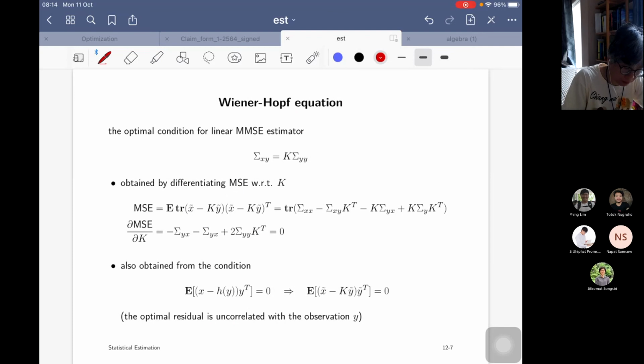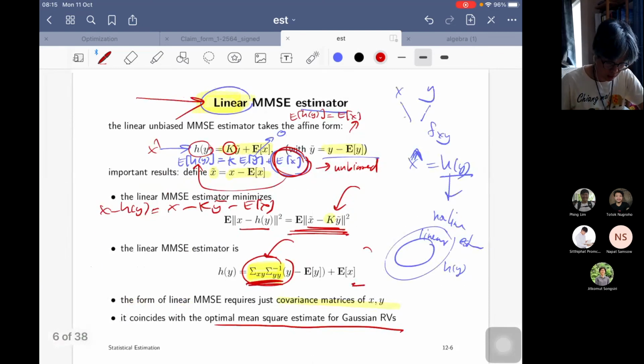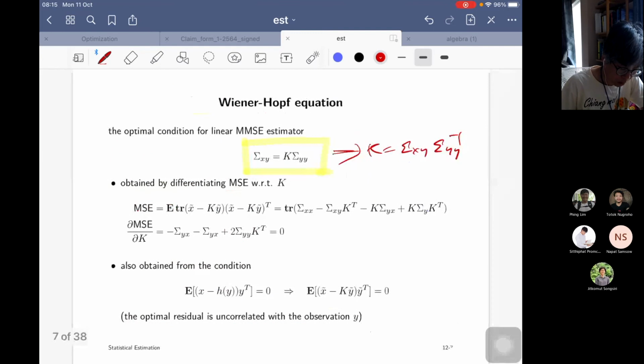I am about to show that the optimal condition for the linear MMSE estimator is the matrix K that satisfies this equation, and this equation is called the Wiener-Hopf equation. You will see that when you solve this linear equation, this is matrix K on this slide. Now we're gonna show how we end up with this Wiener-Hopf equation.